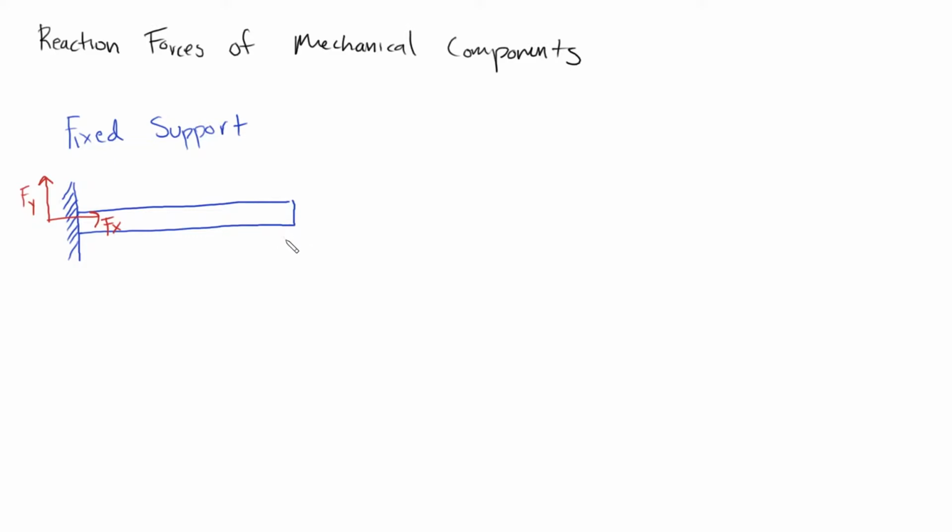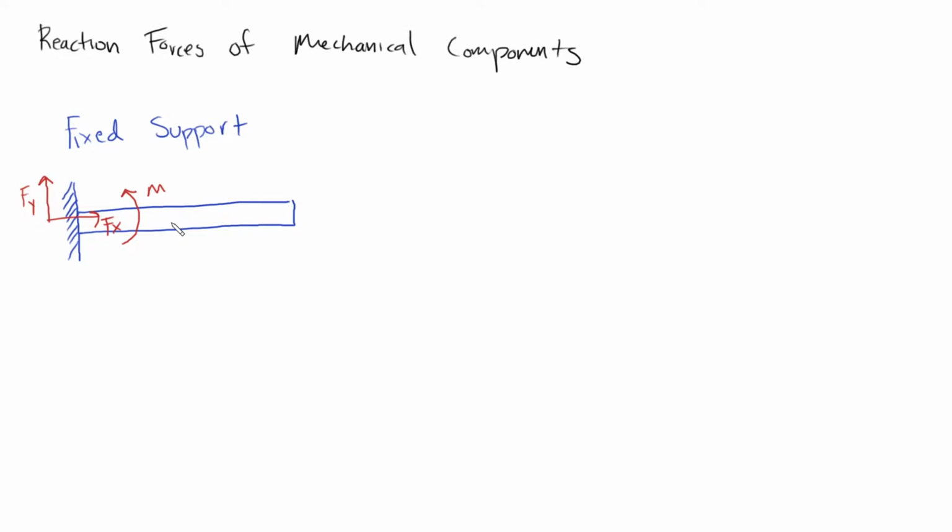So if there was a force being applied over here at a distance from this so-called pivot, there won't be any rotation because this is a fixed support. It doesn't rotate. So there's also a moment occurring on this support. So that is a reaction force of a rotation.